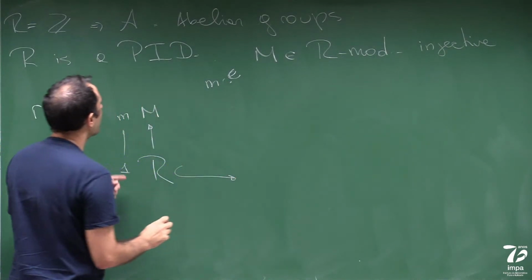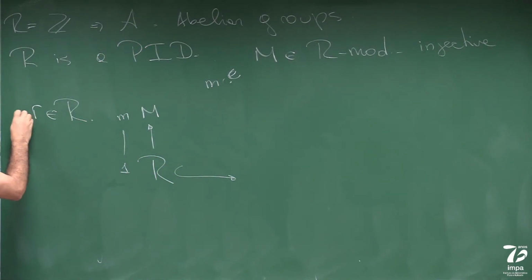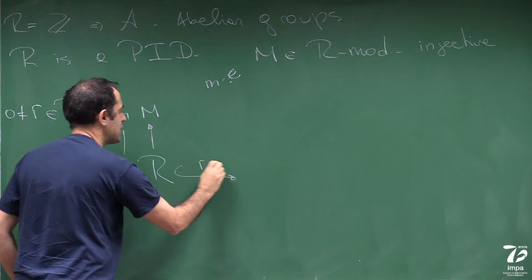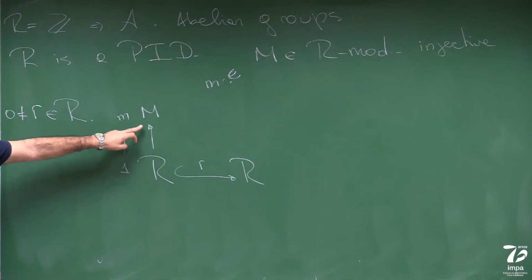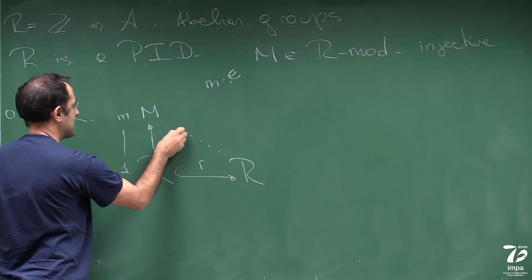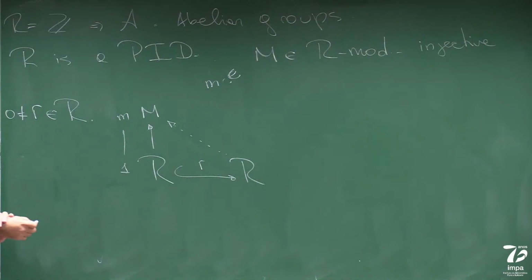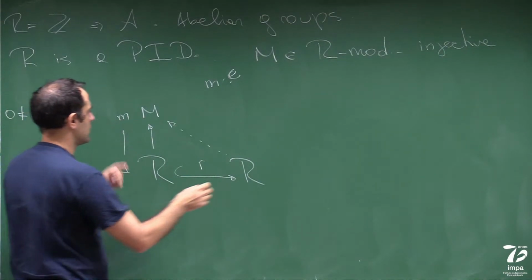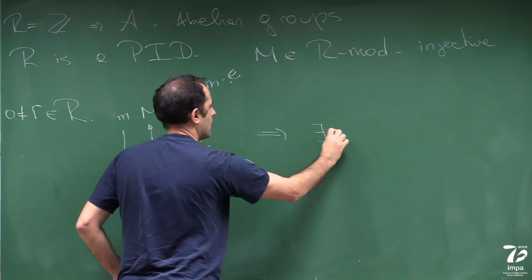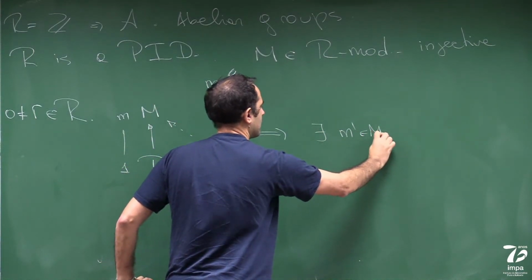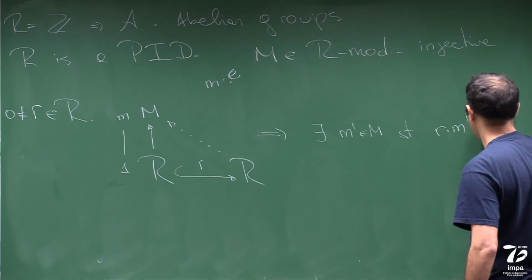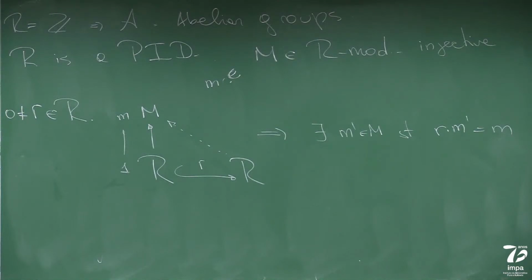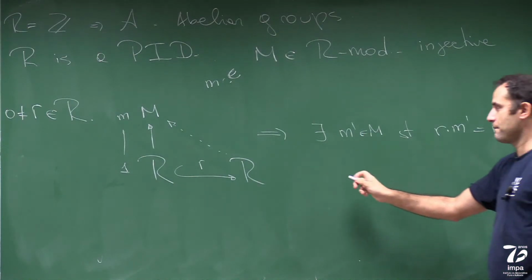The fact that R is a domain says that multiplication by r, as long as this is non-zero, is not a zero divisor. So multiplication by r is injective from R to R. And the fact that M is injective now implies that this lift exists. So this means that there exists some m prime in M such that r times m prime is equal to m. And this was the definition of M being divisible.